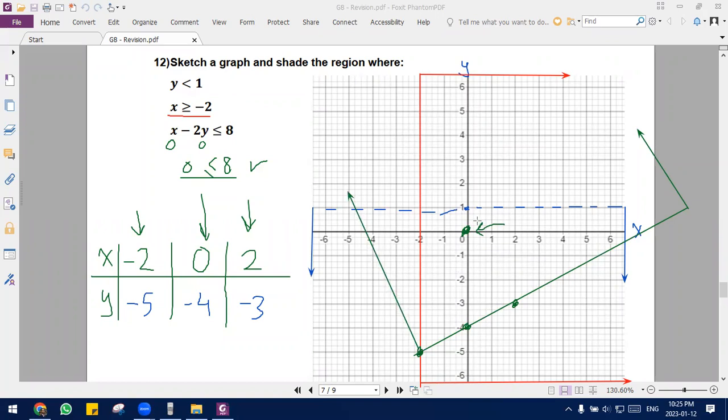Now we have the blue line down, the red line to the right, and the green one is up. Now we need to find the region that is combined between all of them. So let me color the region.